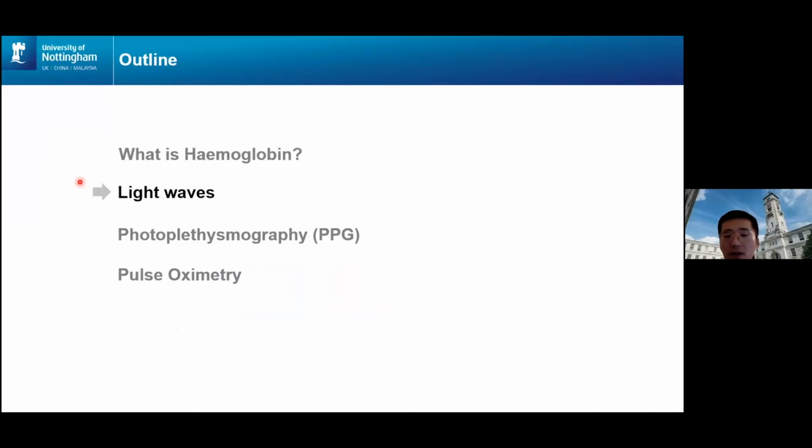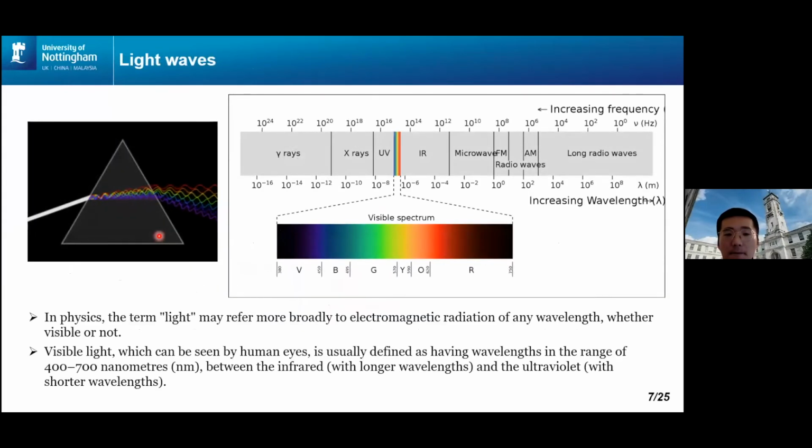And here we're going to go through some basic information about the light wave to help you understand the relationship between the hemoglobin and light. In physics, the term light may refer more broadly to electromagnetic radiation of any wavelength, whether visible or not.